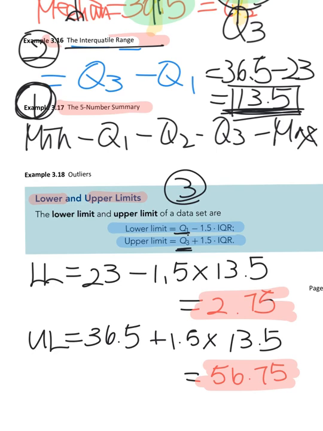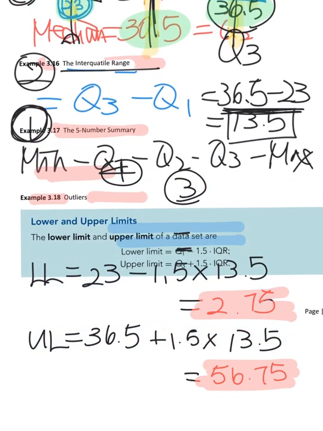Now, step number 4 is to determine the outliers. Here, outlier. That is step number 4. Okay, let me go up.